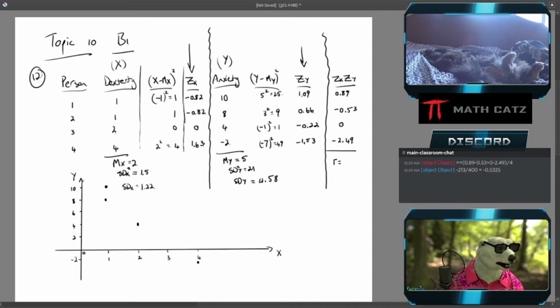What do we get? That does not look familiar at all. Just check if I did that right. The first one's a negative, that's why. Did that not show? Let me recalculate this first one.